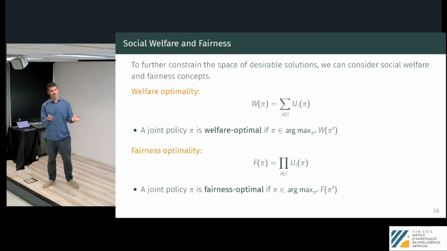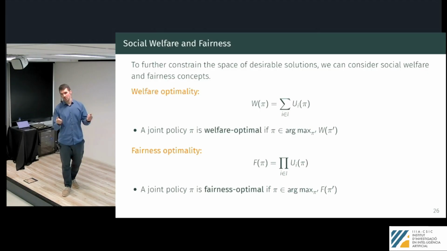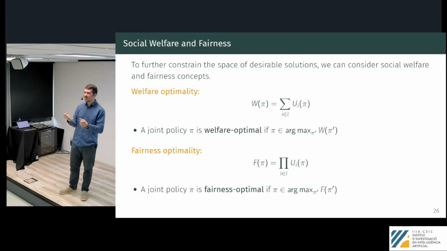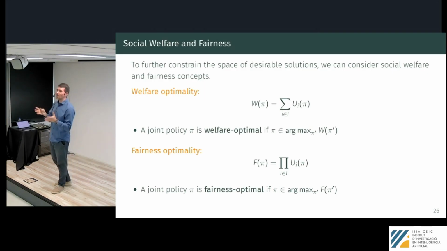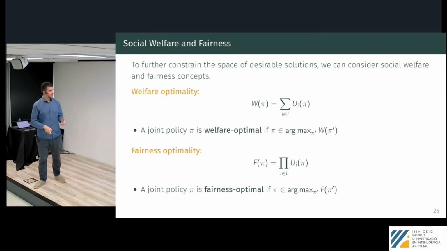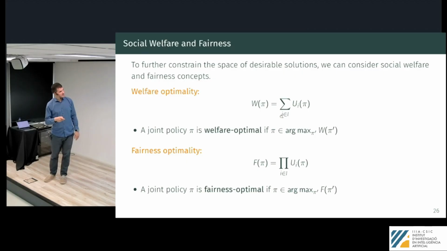On the one hand, we can say we want them to play like a Nash equilibrium. And that only means that everyone is playing a best response against the other guys. Or we can say, I don't care about Nash equilibrium. I care about maximizing welfare. And then it looks different. It looks like this. We want to have a policy that maximizes, for example, the sum of the expected returns. But anything that does this here might not be a Nash equilibrium, right?